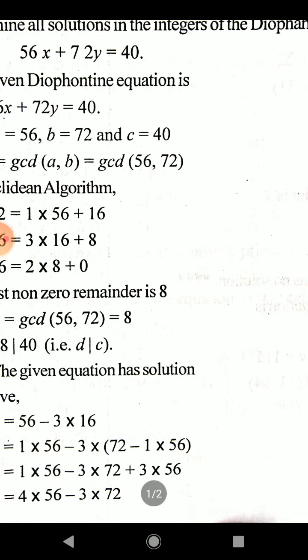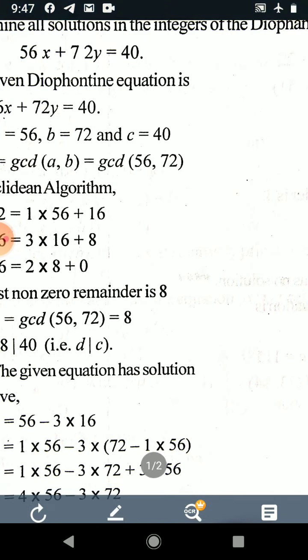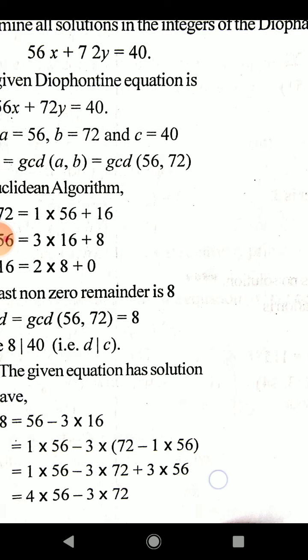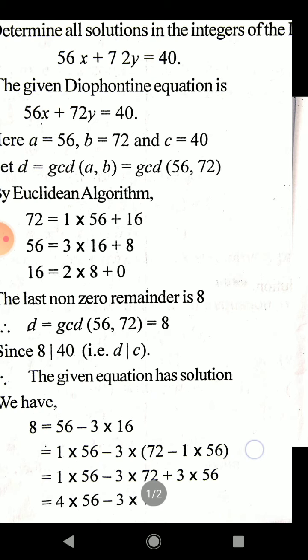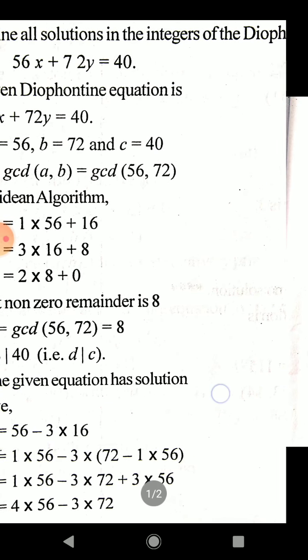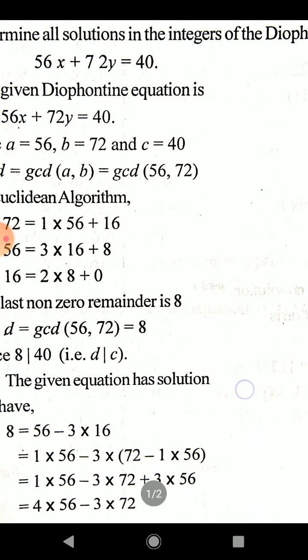You will get minus 3 into 72 plus, this minus will become plus, 3 into 56. This 1 into 56 and 3 into 56, take their sum, it will become 4 into 56, and this minus 3 into 72 as it is.